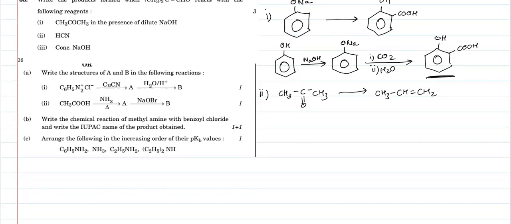This is again from alcohols, phenols, and ethers. You need to figure out a way to convert a ketone to an alkene. And from whatever you've learned till now, there is no direct reaction in your textbook where you convert a ketone to an alkene.